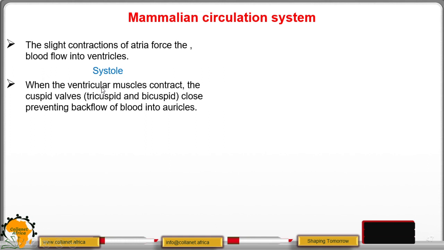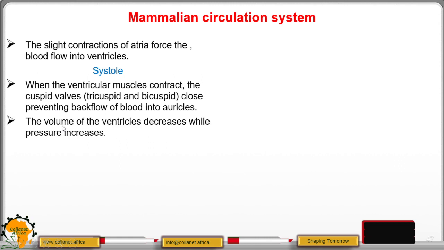and when the ventricular muscles contract, the cuspid valves, which are the tricuspid and bicuspid, close. That means backflow of blood into the auricles is prevented, and the volume of the ventricles decreases as pressure increases.